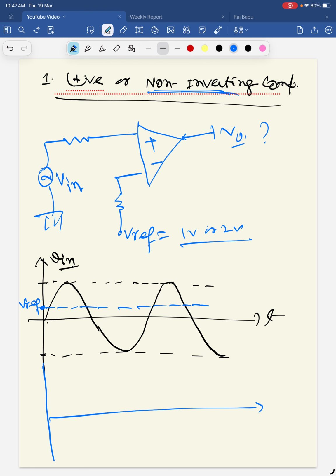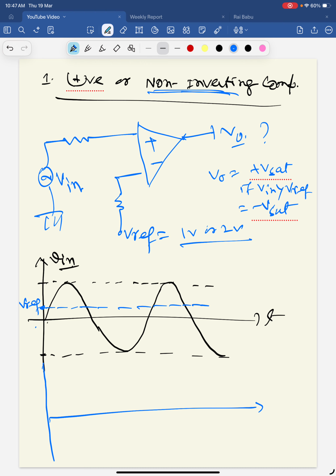What I told you: for a positive comparator, V0 should be plus V sat if V in is greater than V reference, otherwise minus V sat. So if V in is less than V reference, it should be minus V sat. Now, from O to A, this is point A, check carefully, the input is less than the reference.